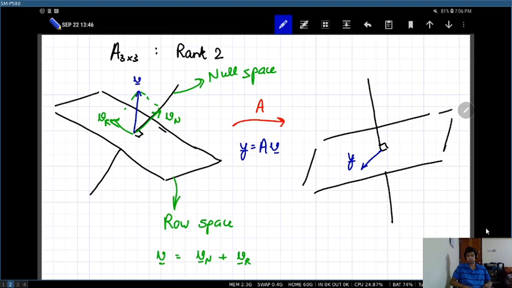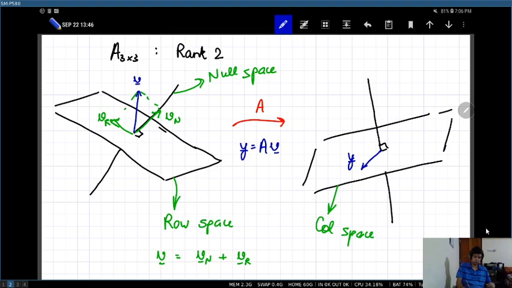Because y will always lie in the range of A, or equivalently in the column space of A, and since the matrix has rank 2, the column space is going to be a plane, right?